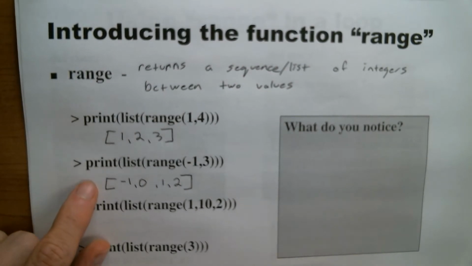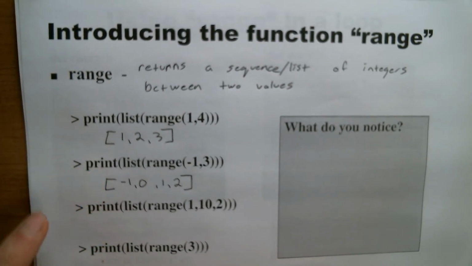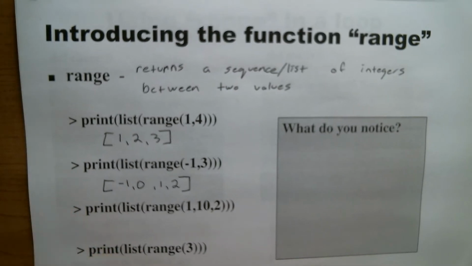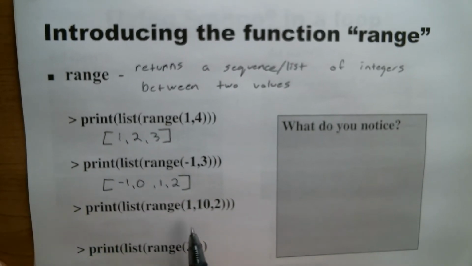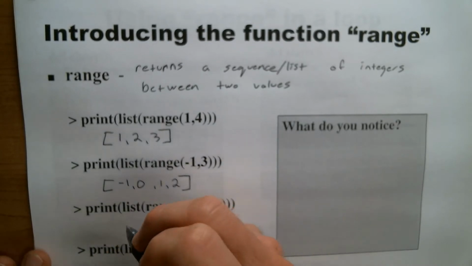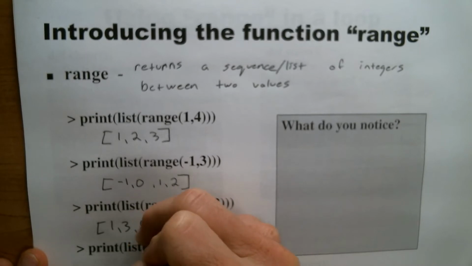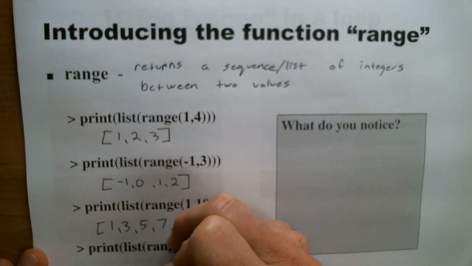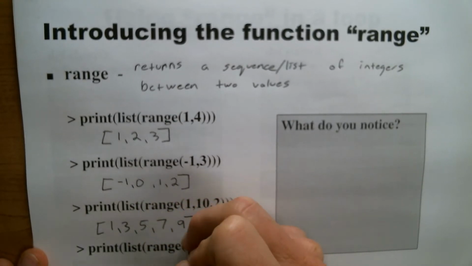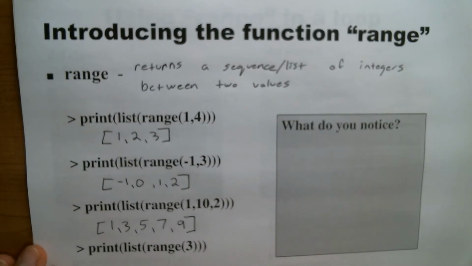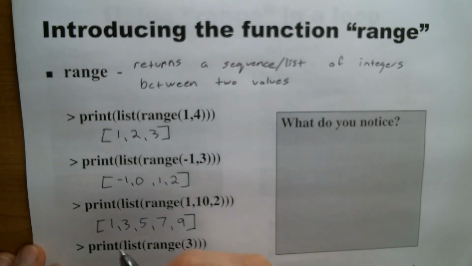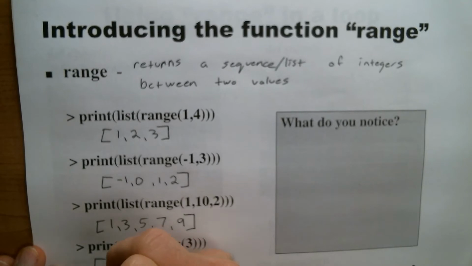Bring up the REPL, type this in, and verify that you're getting the same thing that I'm writing here. Now on this one, list(range(1, 10, 2)), I would get 1, 3, 5, 7, and 9. And on this last one, I would get 0, 1, and 2.